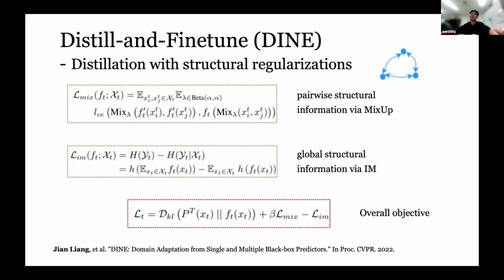It hopes that the data lies in different classes to increase the diversity. These two terms combine together to act as structural regularizations. And this is the final objective of our method. The first term is the distillation loss, and the second and third terms are structural regularizations.